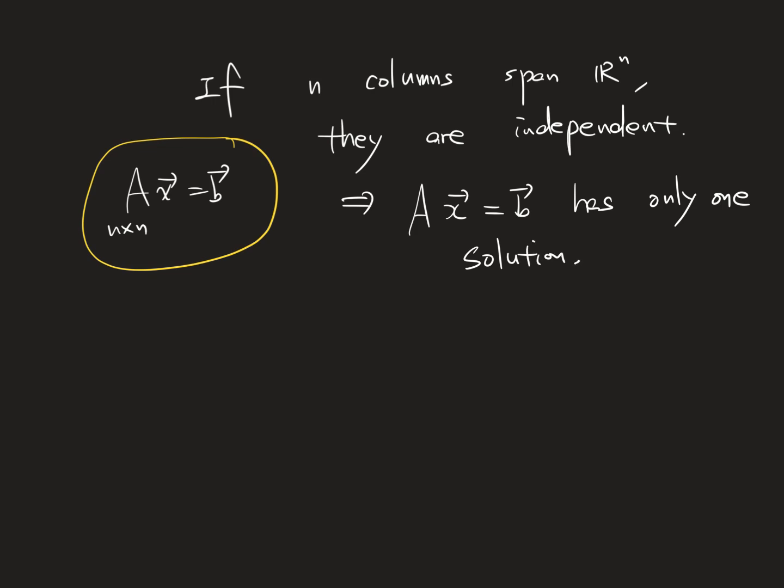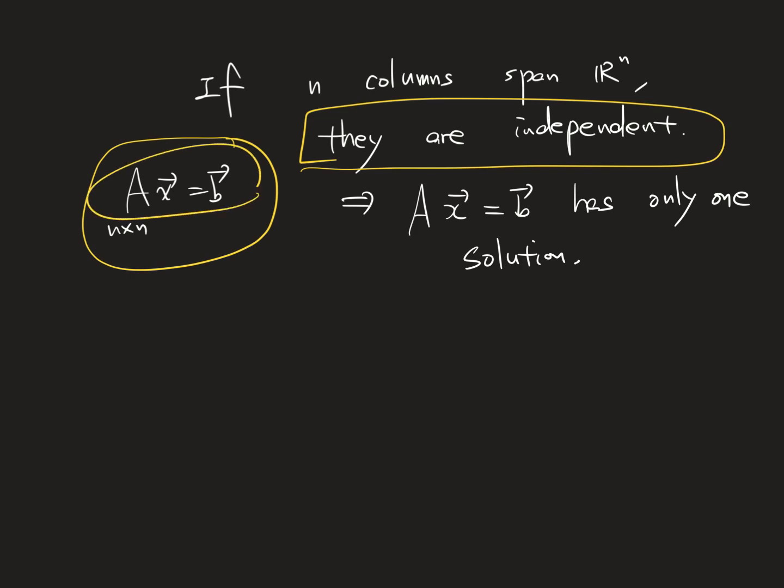In general, when the columns are linearly independent, in this equation we have no solution, or just one solution, but we know that the solution exists, because the n columns span Rn.